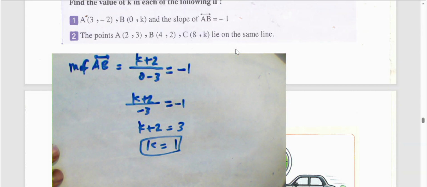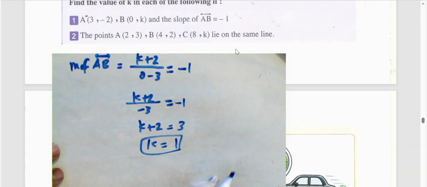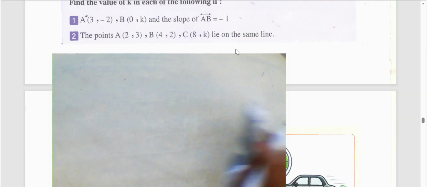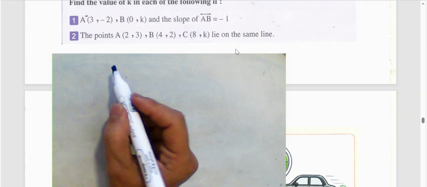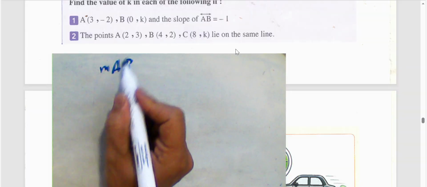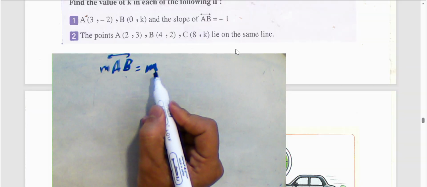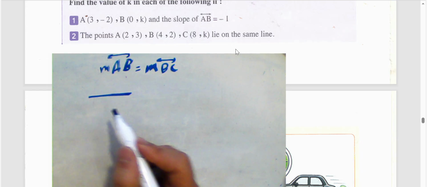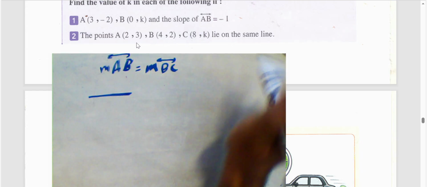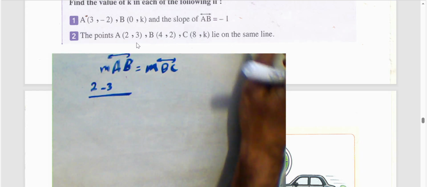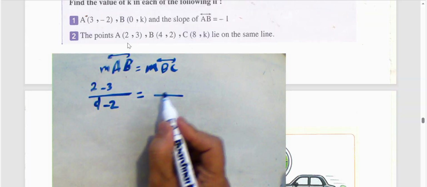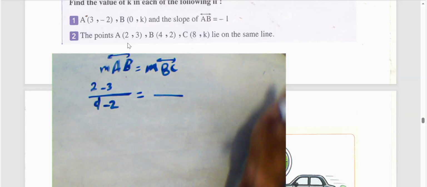Next question, number 2. We have points A, B, and C lying on the same line. That means slope 1 equals slope 2. Then the slope of AB equals the slope of BC. Look here, A and B, write 2 minus 3 over 4 minus 2, equals the slope of BC.